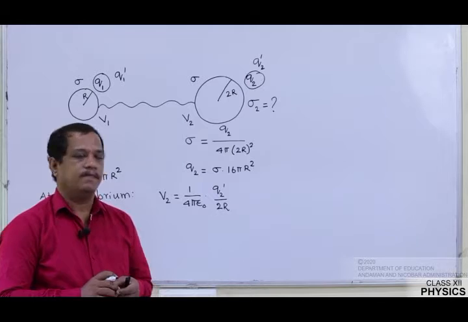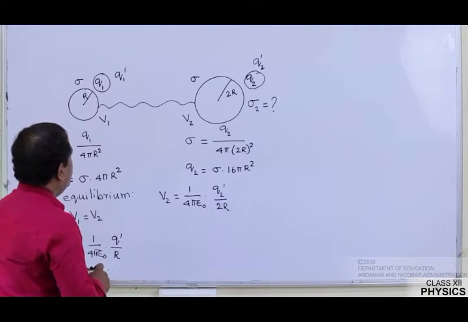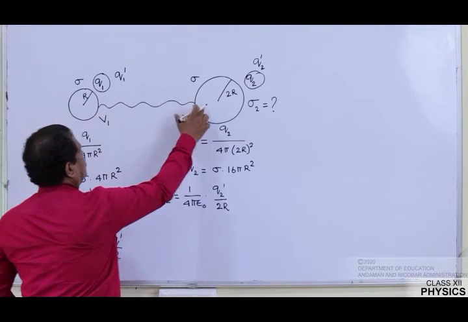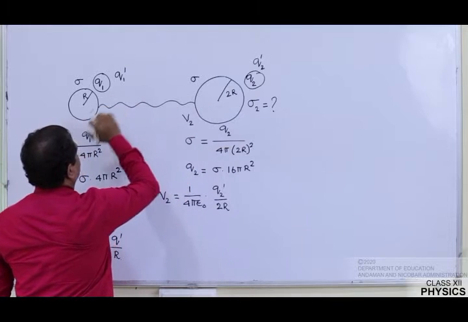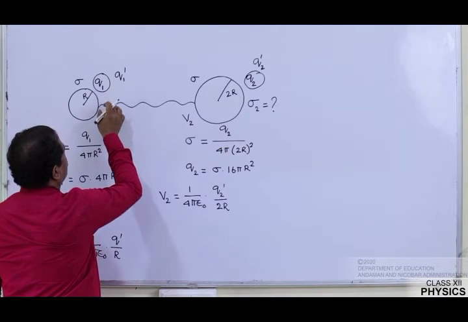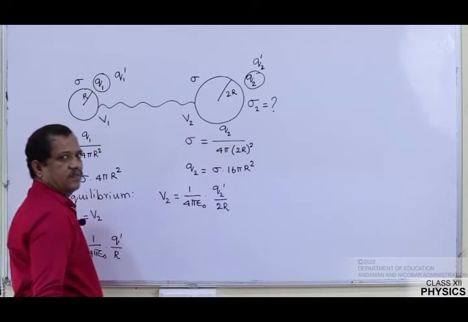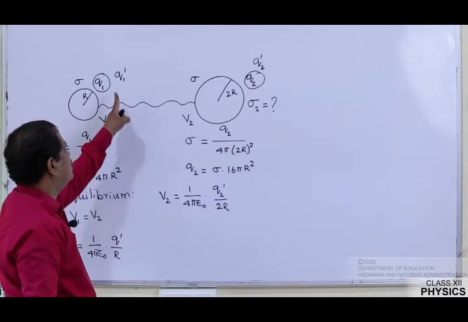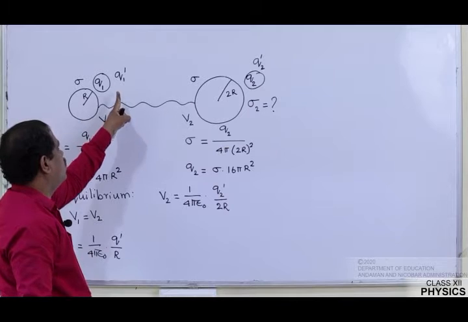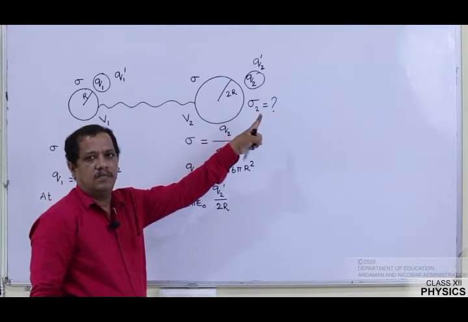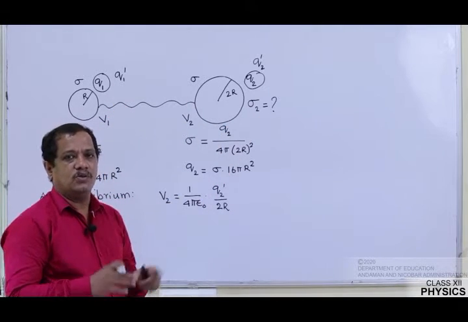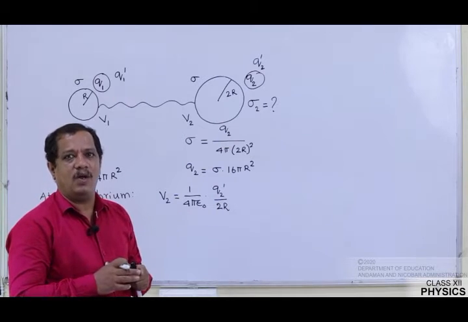Now if we look at the two conductors and apply conservation of charge, then we agree that before sharing the total charges were q1 and q2, and after sharing the total charge is q1 dash and q2 dash. So the sum of these two charges must be equal.